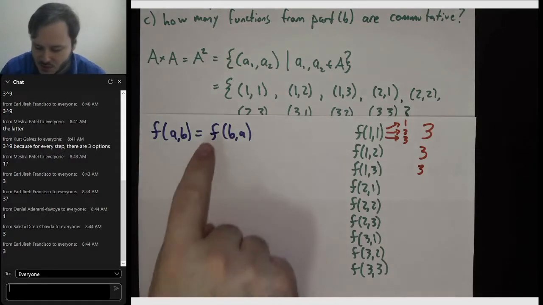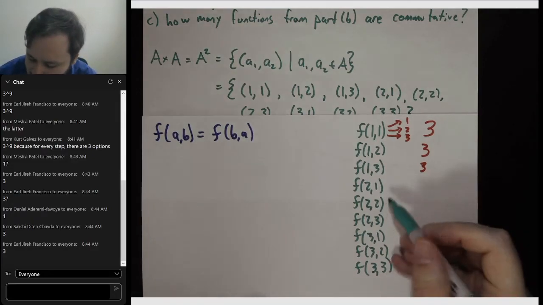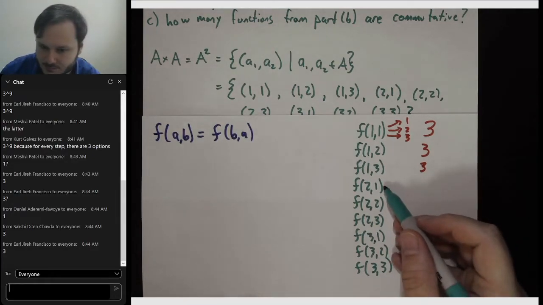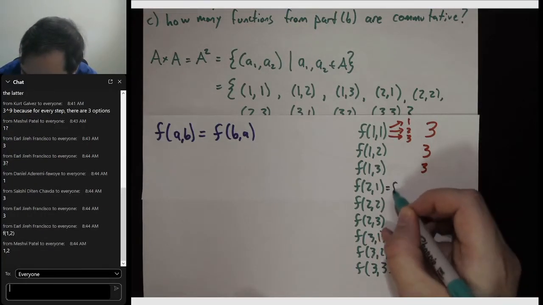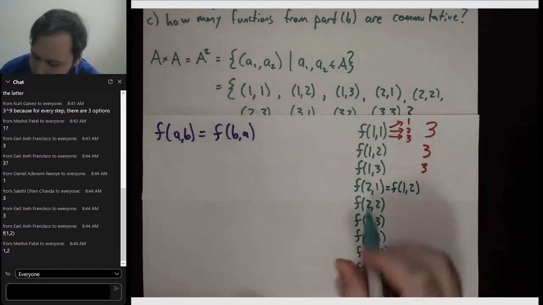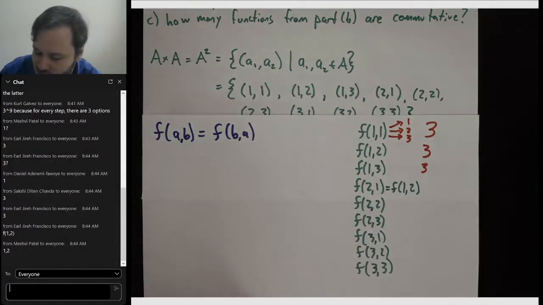According to my commutative formula, what is f of 2 comma 1 equal to? It's equal to f of 1 comma 2. I can swap the order and the answer doesn't change. That's what commutative means.